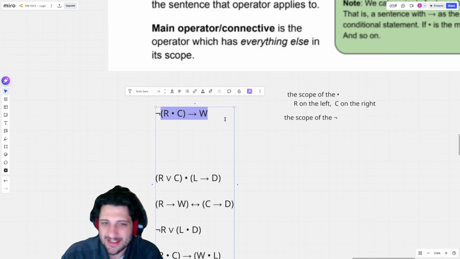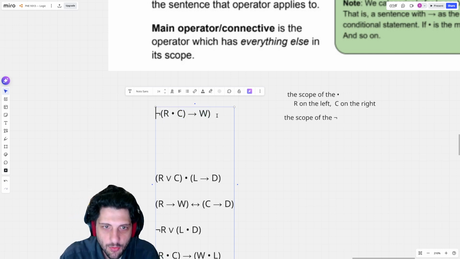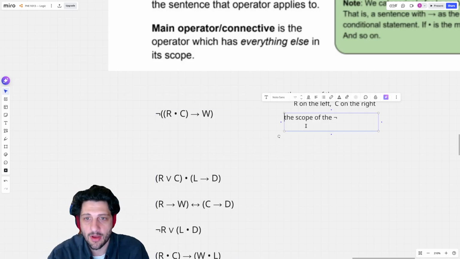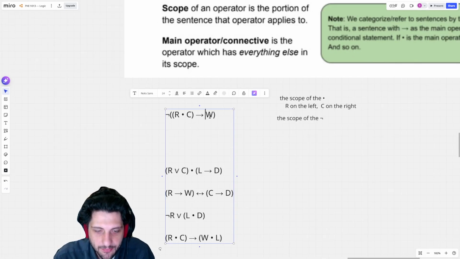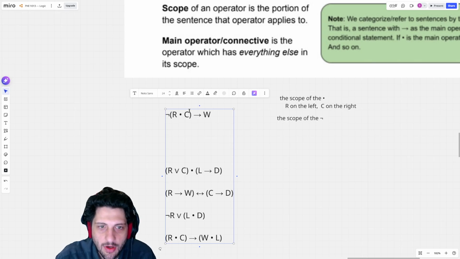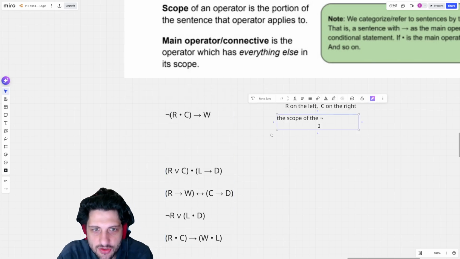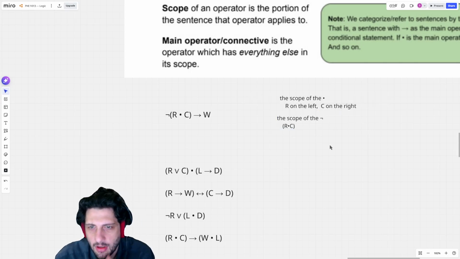It's not applying to the entire sentence, because if we had the entire sentence wrapped together, then the negation would have everything in its scope. But as we have it written originally, it's just applying to that left side. So we can say the scope of that is just the R and C.